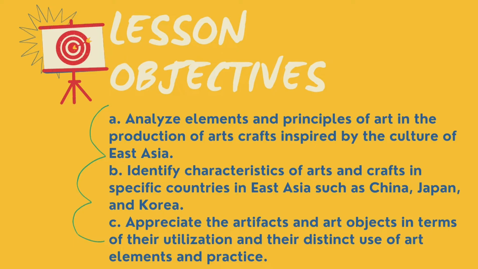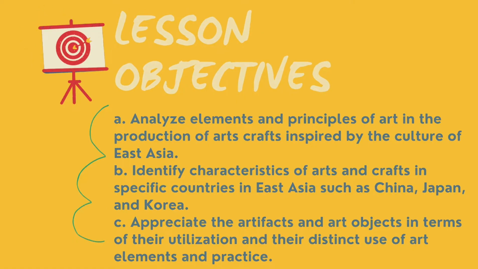Letter B, identify characteristics of arts and crafts in specific countries in East Asia, such as China, Japan, and Korea. Letter C, appreciate the artifacts and art objects in terms of their utilization and their distinct use of art elements and practice.